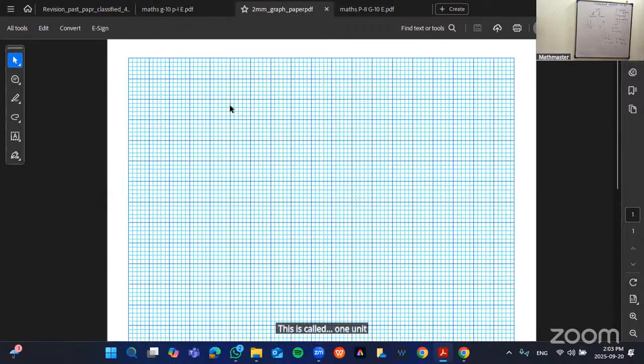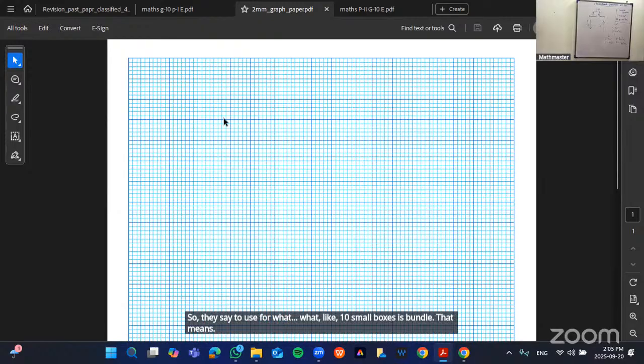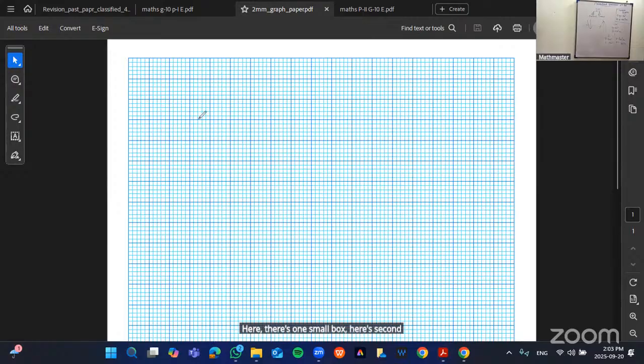Here you can see small boxes, 5 small boxes here. They say to use 10 small boxes as 1 unit. That means here there's one small box, second, third, fourth, fifth, sixth, seventh, eighth, ninth, and tenth. So you can use this as 1 unit.